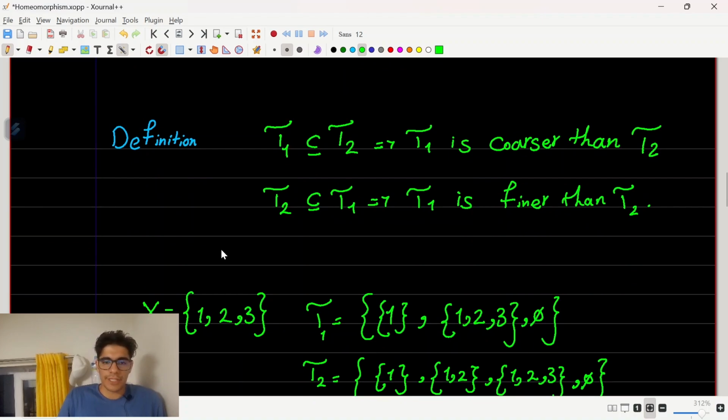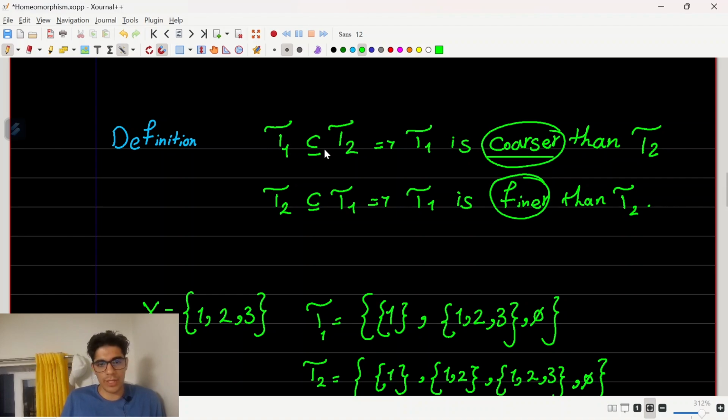Now we have a definition. If T1 is a subset of T2, then we say that T1 is coarser than T2. And if T2 is a subset of T1, then we say T1 is finer than T2. One thing you may notice, you may think that the selection of names, I mean coarser and finer, is working the opposite way, but that's not true.